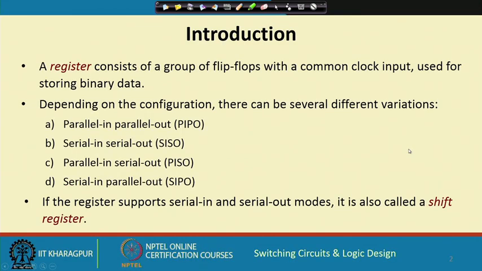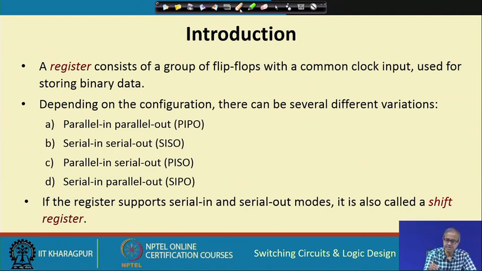So, let us try to first understand what a register basically means. Look, we have seen what a flip flop is. A flip flop is a storage element which can store one bit of data, but there are many applications where you need to store not just one bit of data, but an entire word of data. That word size can be anything, it can be 8, 16, 32, 64, anything.